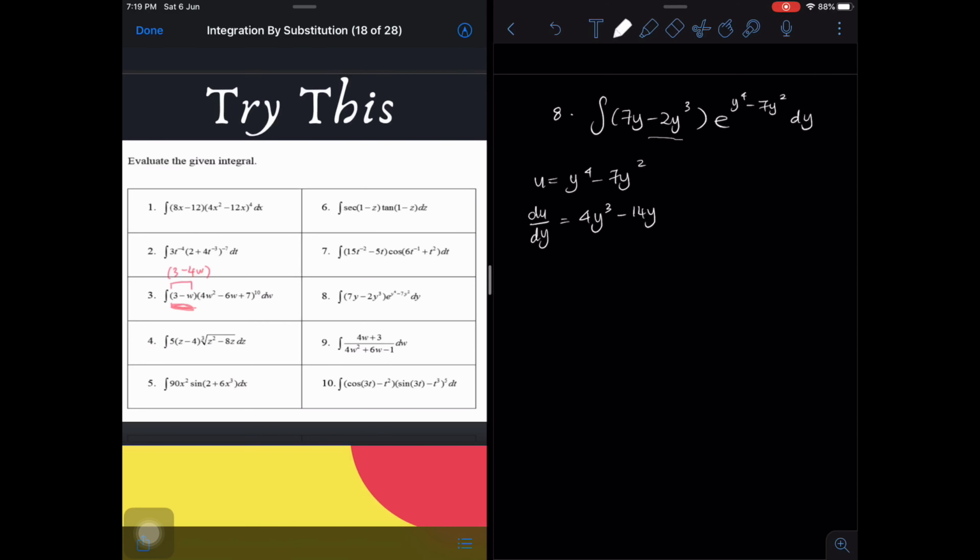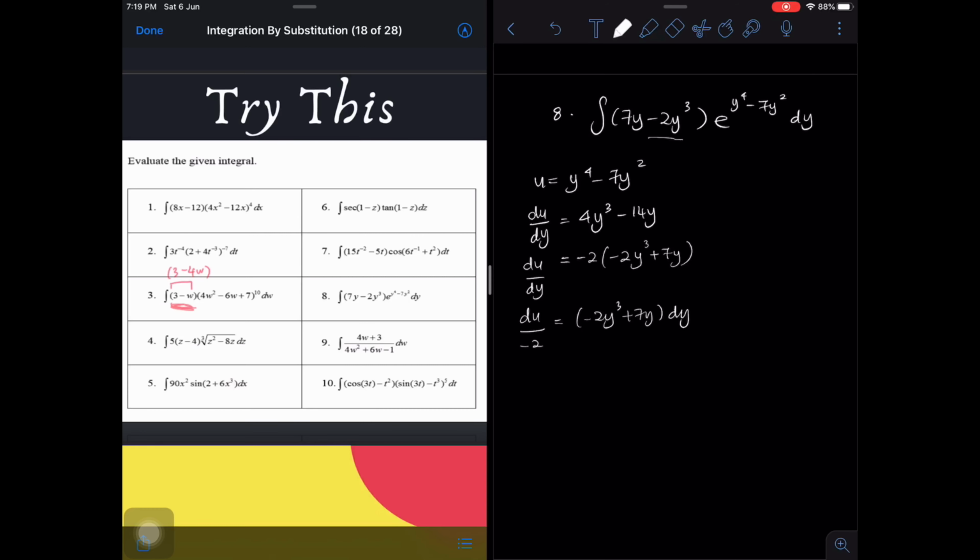So let's factorize the negative outside the bracket. Let's factorize negative 2. So we have negative 2 times (y to the power of 3 plus 7y)... sorry, negative 2y to the power of 3 plus 7y. This is our du over dy. Therefore, we will have du over negative 2 equal to negative 2y to the power of 3 plus 7y dy.